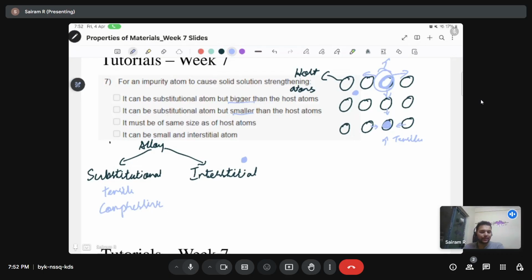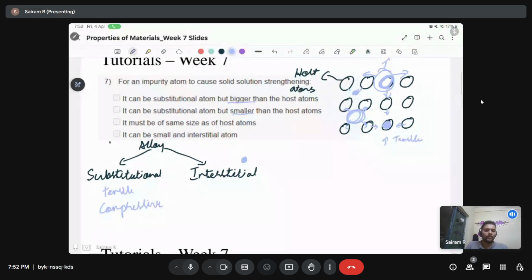The same is the case with the interstitial as well. So if the interstitial atom is much smaller, there is going to be a draw towards these. But if the interstitial atom is much larger, that is also going to displace my atoms from their mean position, which might have a compressive effect again. Right.